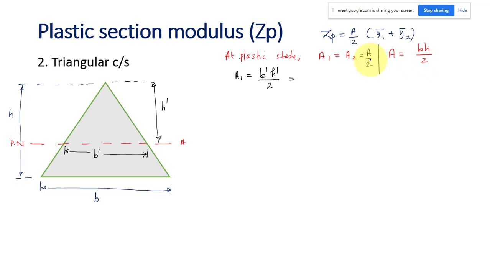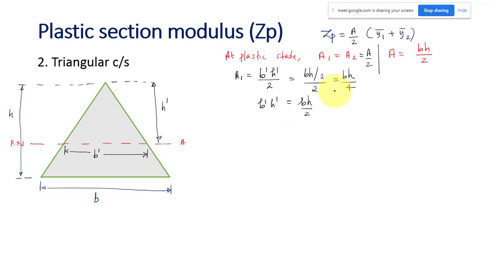So we can write B dash H dash by 2 is equal to B H by 2 by 2, so it is equal to B H by 4. Actually we have to form two equations to get the relation between B, B dash and H dash. So B dash H dash is equal to B H by 2.